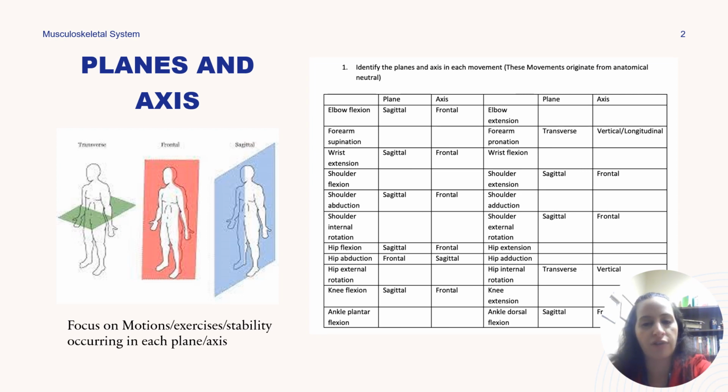That's just a chart that I found online that kind of shows what I'm trying to say. But again, you can look in your book for the actual planes and movements, or look back in your notes or anything that we've given you. But really focus on planes and axes, more on motions, exercises, and or stability, rather than knowing, oh, this plane divides that or this plane divides this.